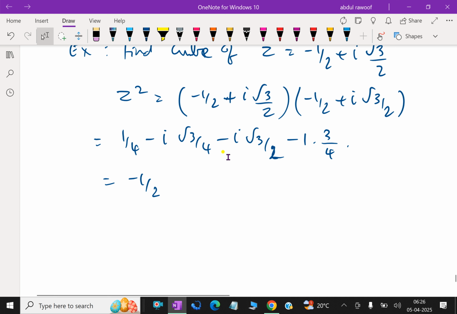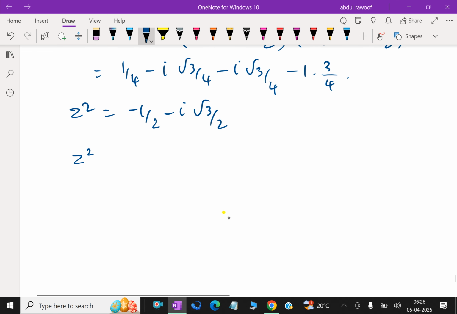Then minus I root 3 by 4 minus I root 3 by 4 is minus I root 3 by 2. This is our z square.